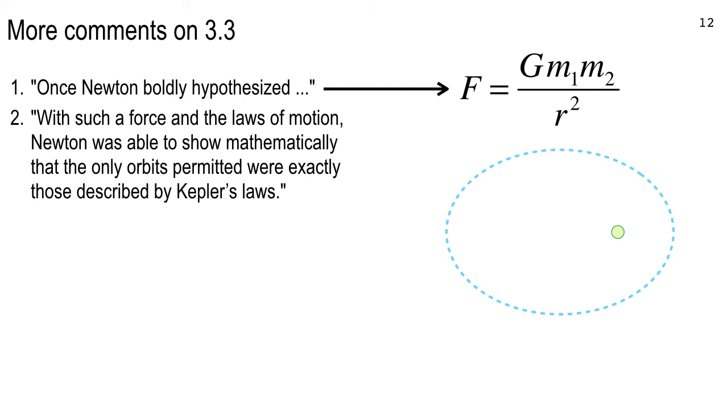All right? So the law of elliptical orbits, the sun at one focus. That's Kepler's first law. Ching! Newton figured out it's the only way that you can have an orbit. The equal areas law. Cha-ching! Newton figured that one out too.